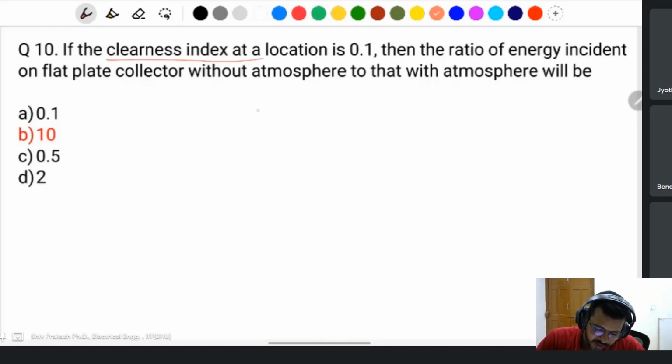Clearness index KT is defined as the energy without atmospheric effect divided by the energy with atmospheric effect. This will give 0.1.